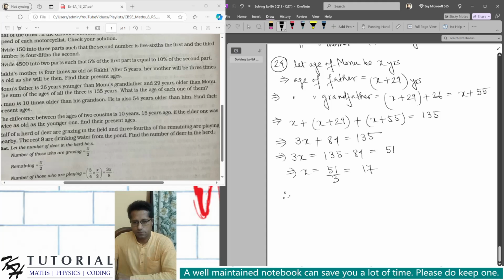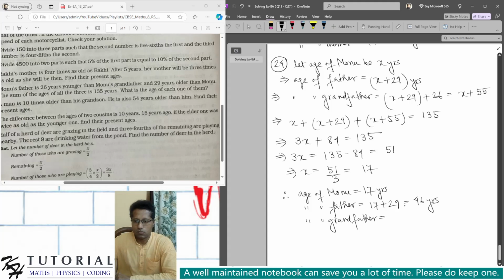Therefore, the age of Monu is 17 years. Age of father is 17 plus 29, which is equal to 46 years, and age of grandfather is equal to x plus 55, that is 17 plus 55, which is equal to 72 years.